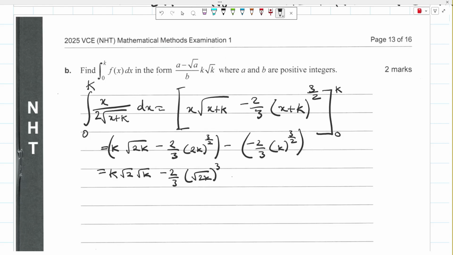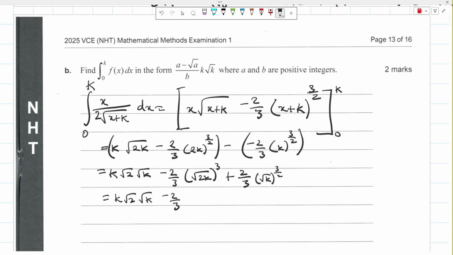Minus, oh sorry, not minus, that's going to be plus because of the double negative: plus 2 over 3 times root k to the 3 over 2. So we get k times root 2, root k, minus 2 over 3.